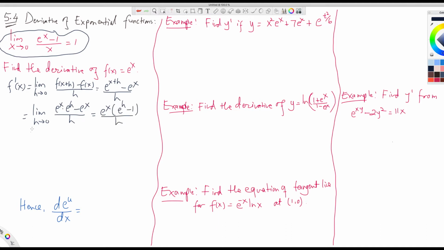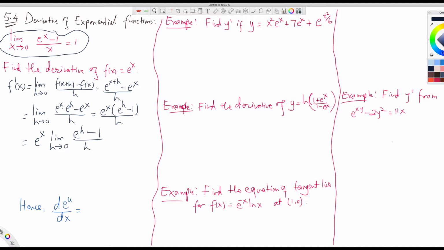Since e to the x does not have h in it, I can pull that out. It is like a constant for h. Then take the limit as h tends to 0 of (e to the h minus 1) over h.